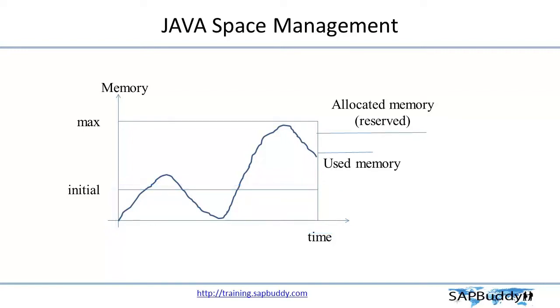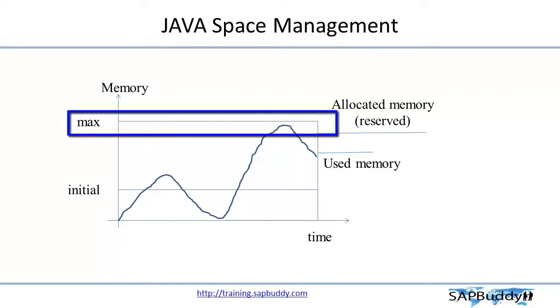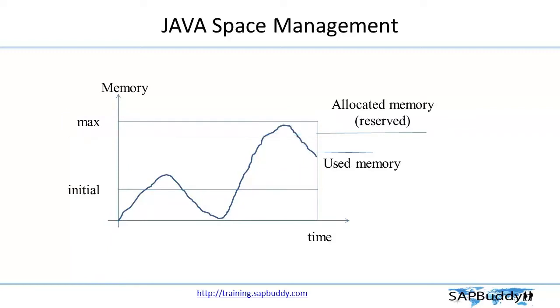So once this initial space has been used, the VM allocates further operating system memory space, up to the maximum amount. So the VM automatically takes care of allocation of memory for Java applications. Okay, let me repeat it again.